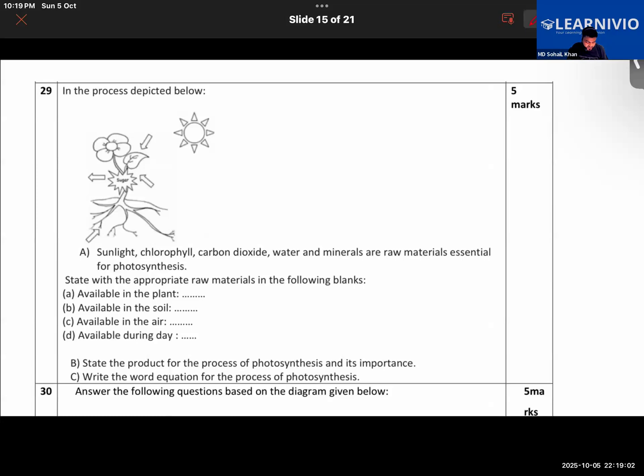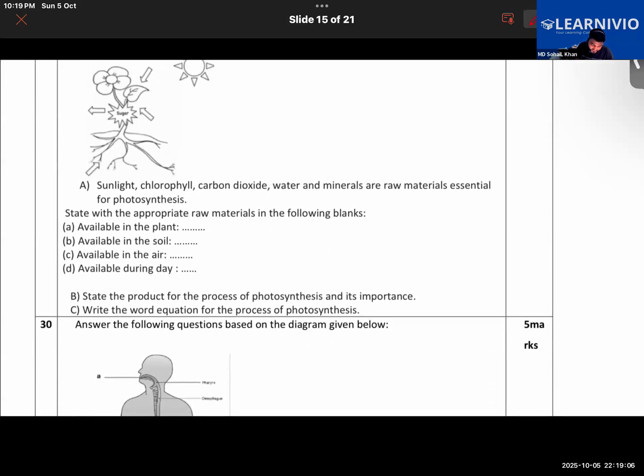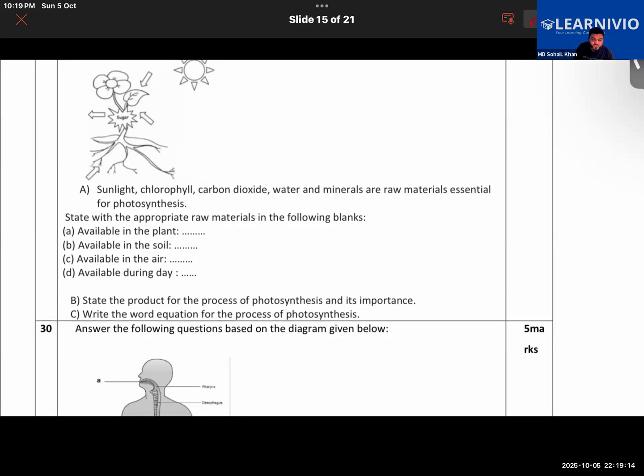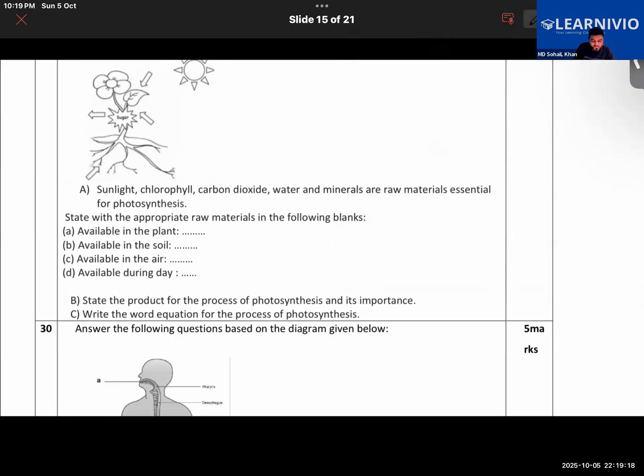In the process depicted below, sunlight, chlorophyll, carbon dioxide, water, and minerals are raw materials essential for photosynthesis. State the appropriate raw materials in the following blanks. Which one is available in the plant? Chlorophyll.